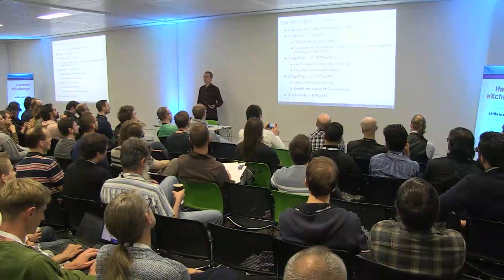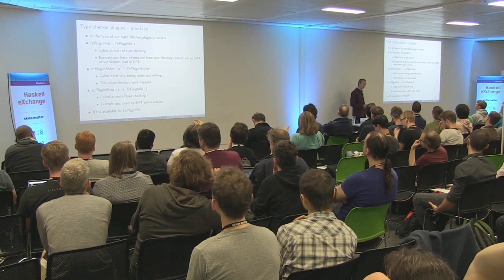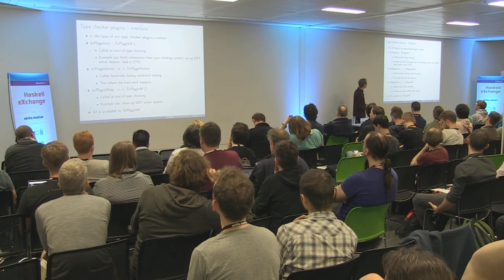So in a bit more detail, as I said before, the tcPluginInit is called at the start of type checking. So it's not run every iteration of your type checker. It's just before it starts type checking. So you can use this to set up your type checking context, as we will see later on, just to get some bits and pieces from your Haskell modules that you're interested in.